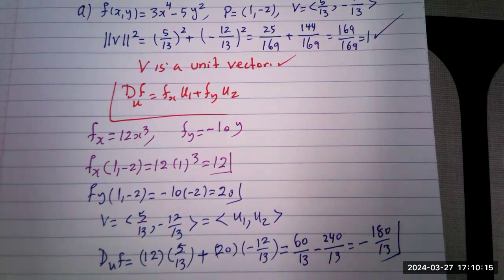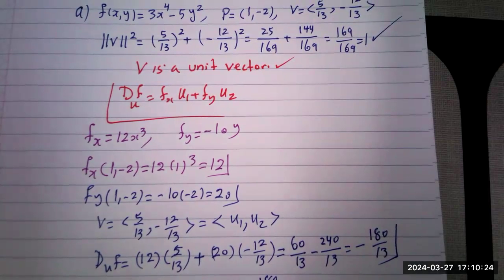The directional derivative at the point 1 and negative 2 is going to be negative 180 over 13. You don't have to simplify it because this is going to be the result. Just check to see the one that I gave you is, yeah, it's the same one.